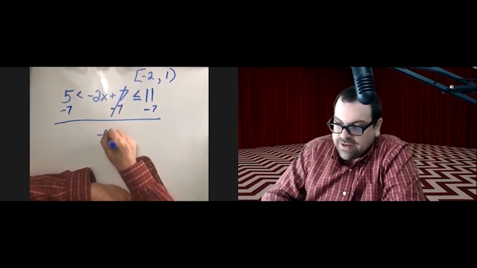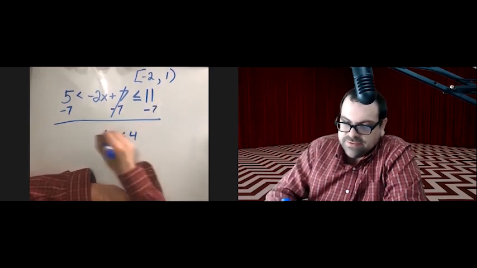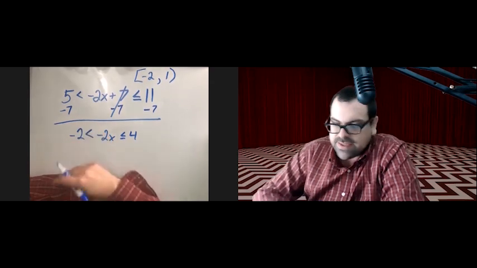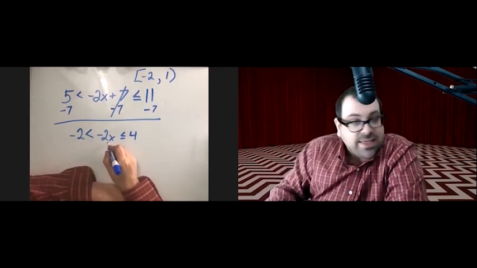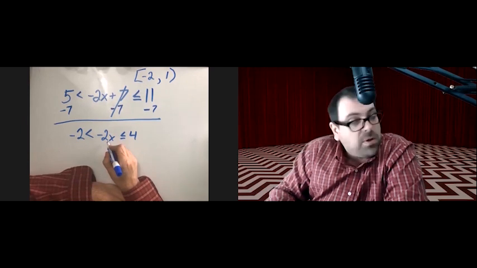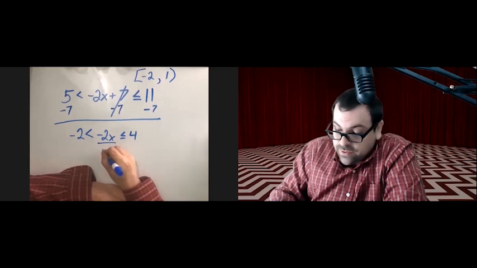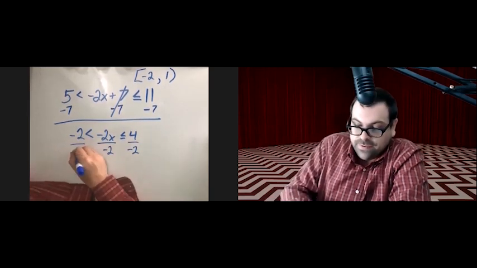That just leaves -2X in the middle. 11 minus 7 is 4. 5 minus 7 is -2. To get the X by itself, we have to get rid of multiplying by -2. So we divide by -2. Whatever we do in the middle, we do everywhere.